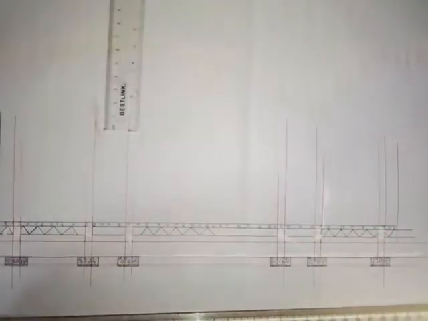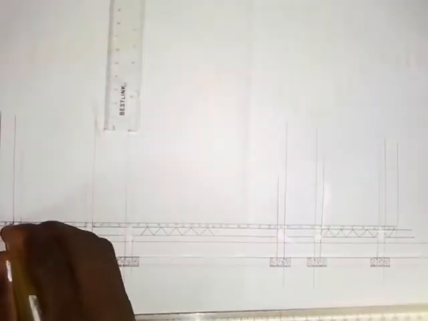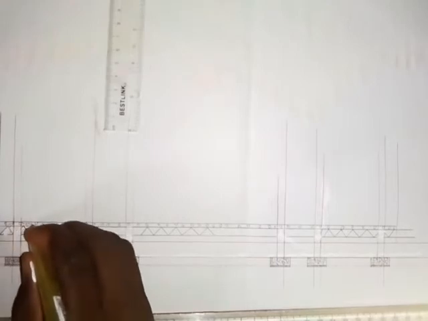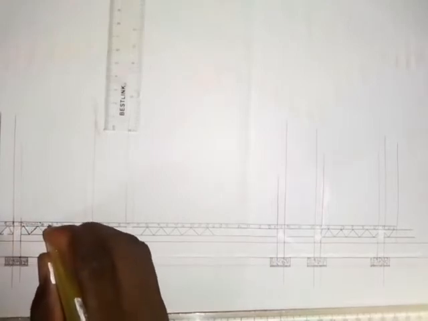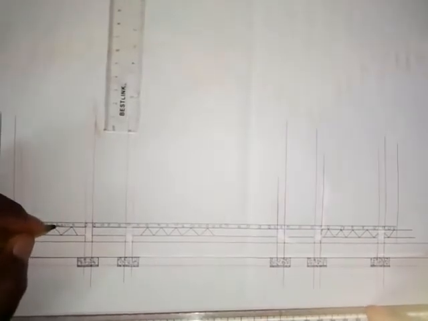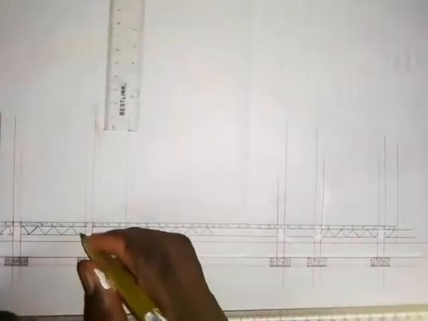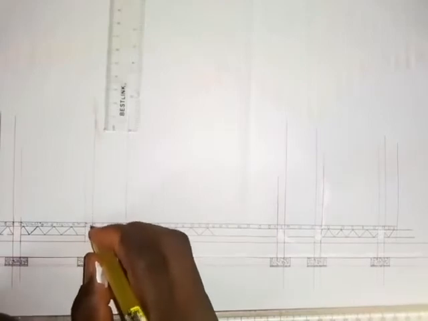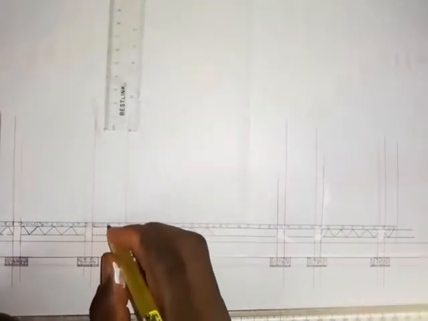Then I'll put dots. This is for the concrete slab.